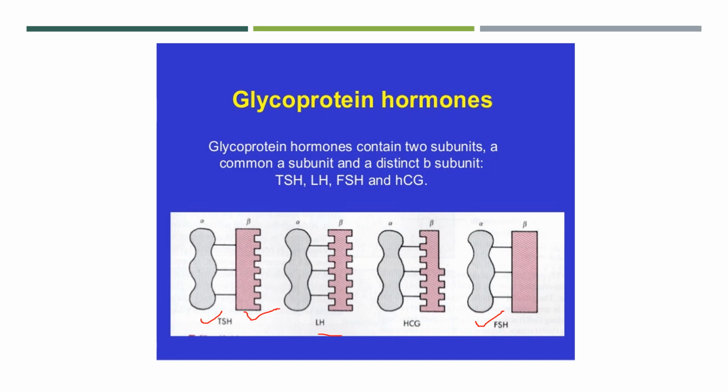Only by the beta subunit we can differentiate between the TSH, LH and FSH. In our video of the placental hormone, we have seen the human chorionic gonadotrophin or HCG is also a glycoprotein. And the alpha subunit of HCG is also similar to LH, FSH and TSH.